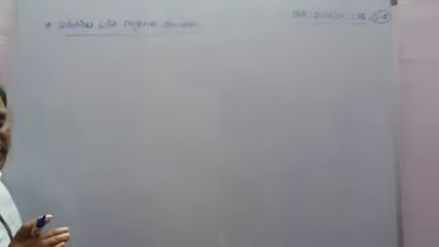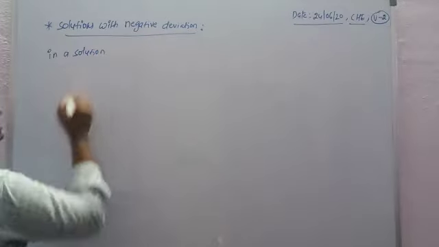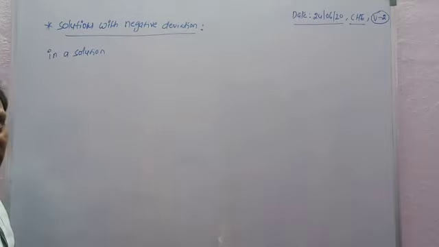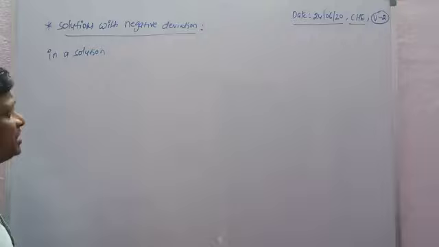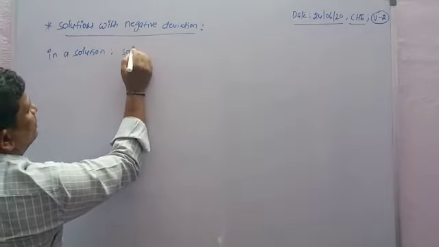For example, let us consider a solution. In a solution with negative deviation, solute-solute and solvent-solvent interactions are weaker than solute-solvent interactions.